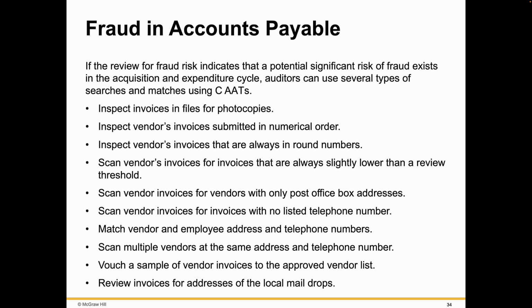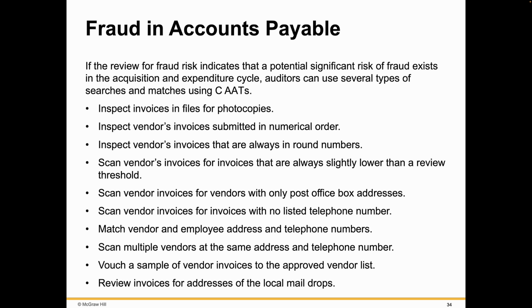And we would do those with CATs, computer-assisted auditing tools. So in this case, and this is again where data mining software such as IDEA or Alteryx can really help us, and robotic process automation can help us, we can inspect invoices for photocopies, looking at the vendor invoices that were submitted in numerical order, making sure that vendor invoices are not always in round numbers to help us see if there's any fraud.